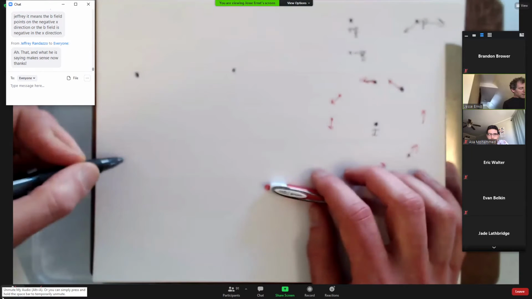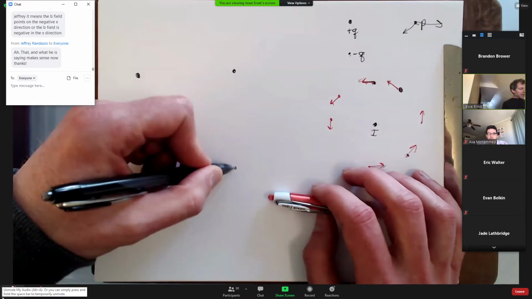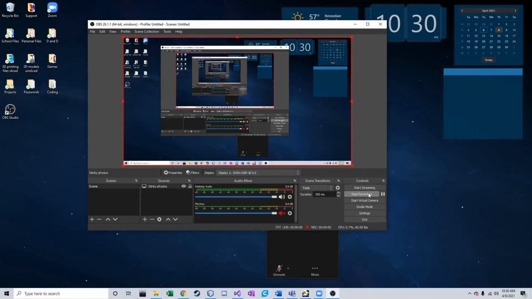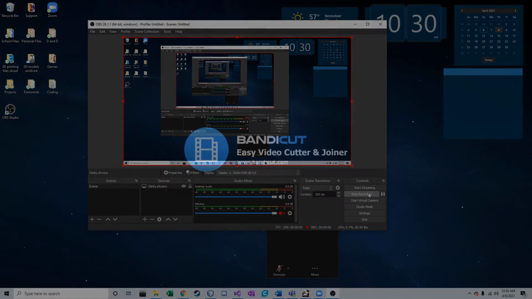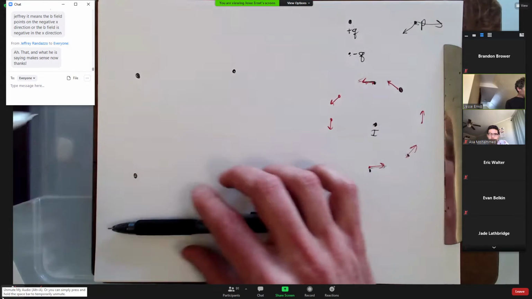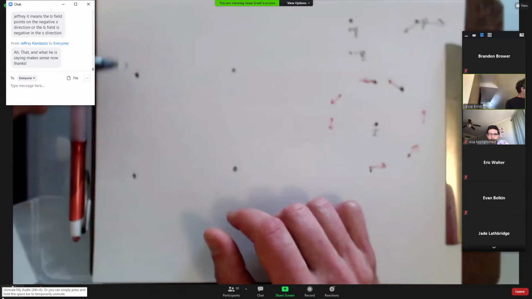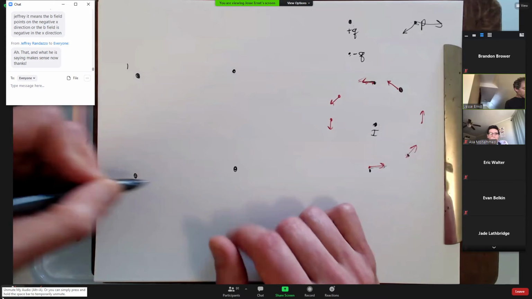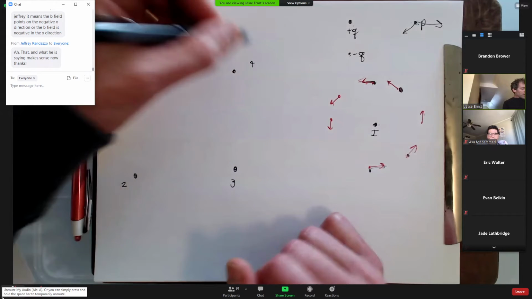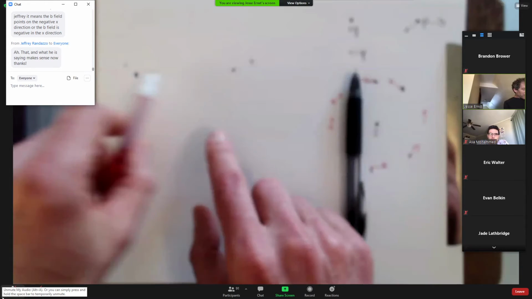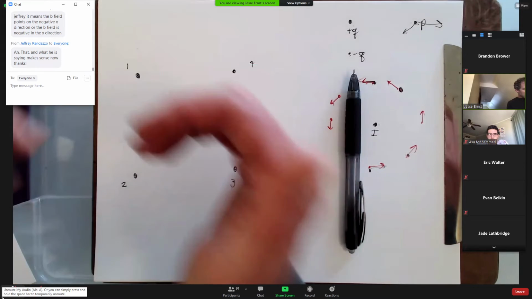So the B field here. Let me just label them again. So 1, 2, 3, 4. There's a B field here from this wire, which should be this way.